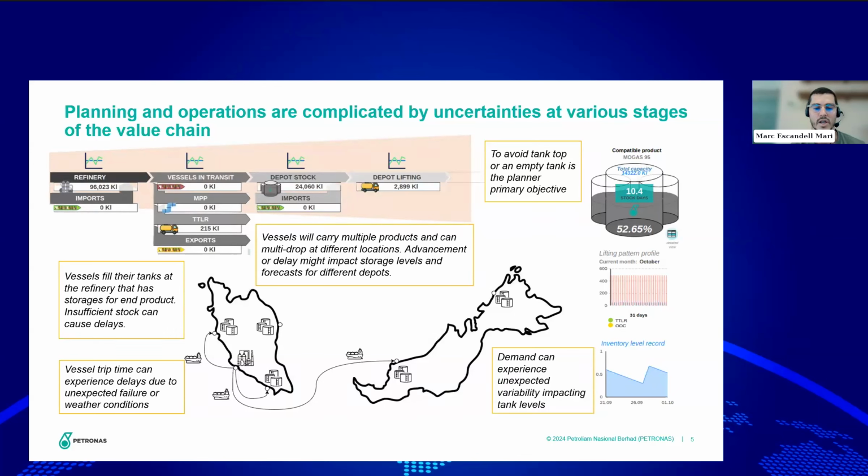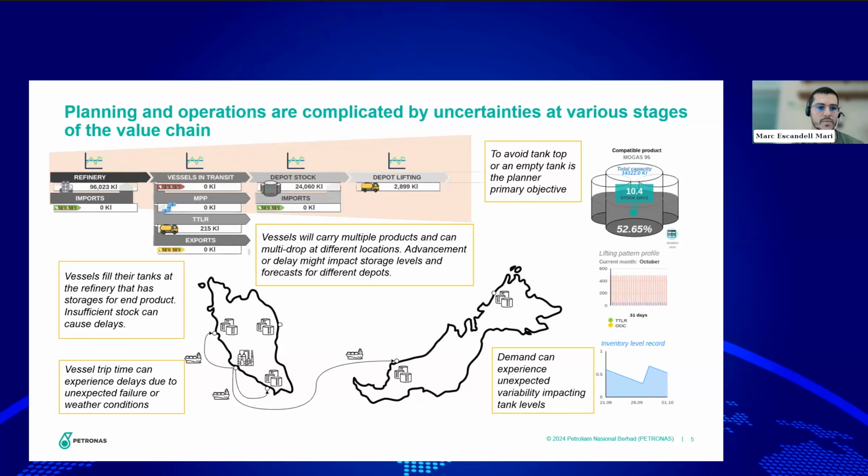So why is it a challenge? Because there are many uncertainties at various stages of the value chain, which propagate, as you can imagine in any value chain, downstream the chain. In this case, the chain was starting at the refinery. We were modeling the production of different products and the storing of those products, together with the imports arriving by vessel.